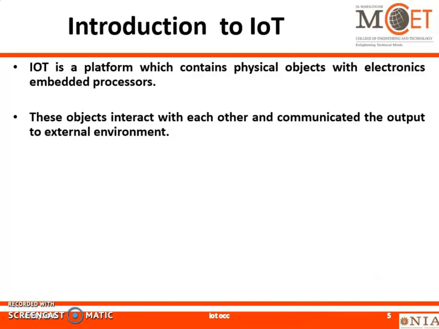And after these things are happening, if it is connected to the Internet, then what happens? I can access it with the help of my mobile phone. I can access it anywhere, from anywhere. So how is this connected to the Internet?